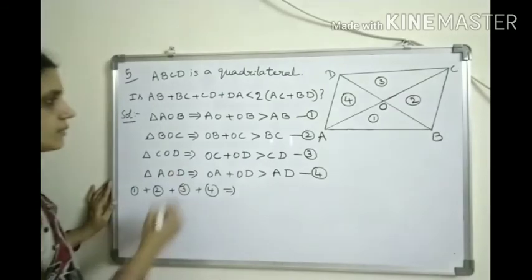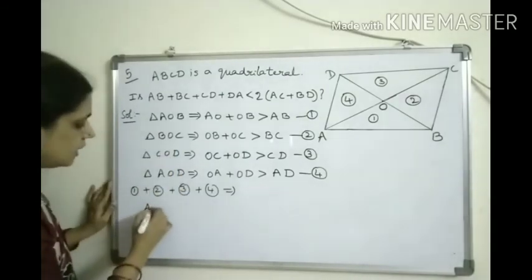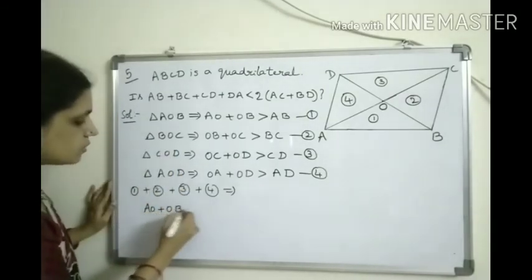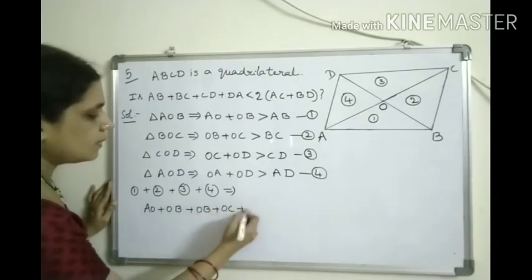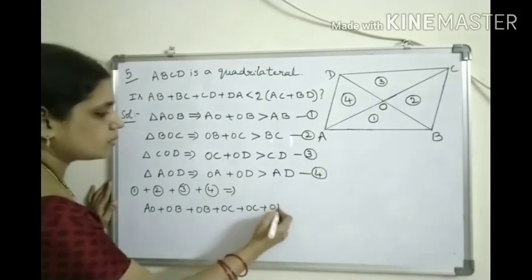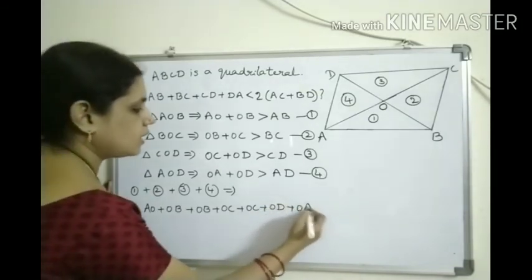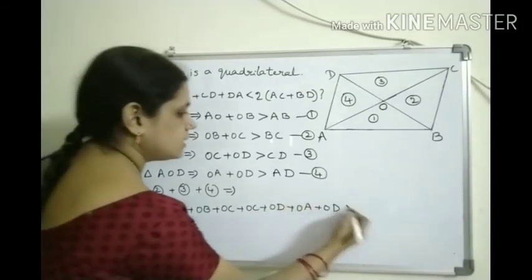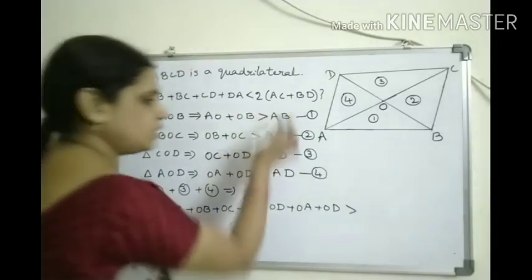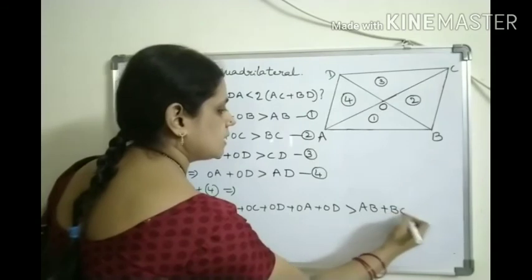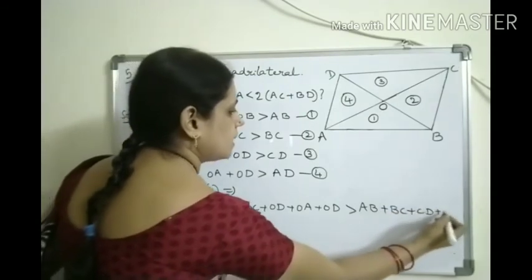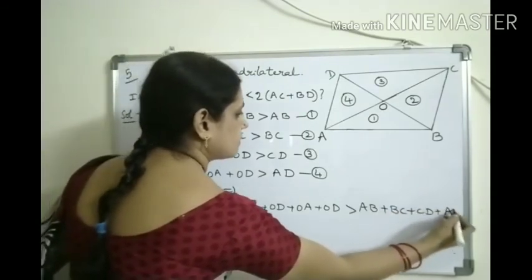What will we get? AO plus OB plus OB plus OC plus OC plus OD plus OA plus OD is greater than all the RHS, AB plus BC plus CD plus AD.